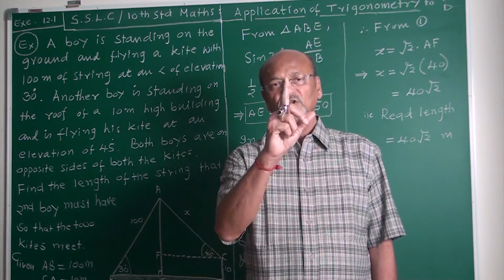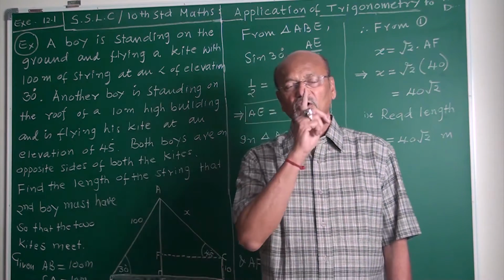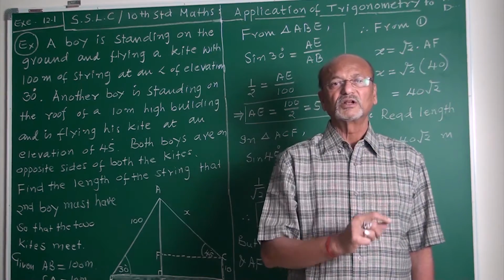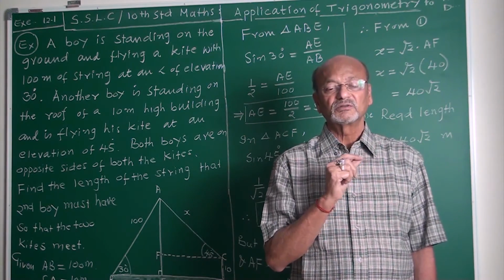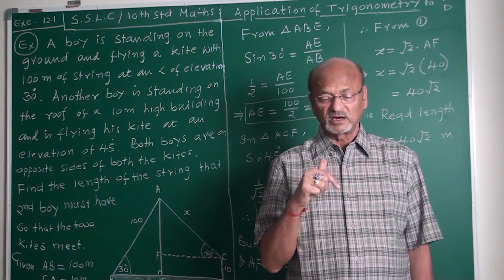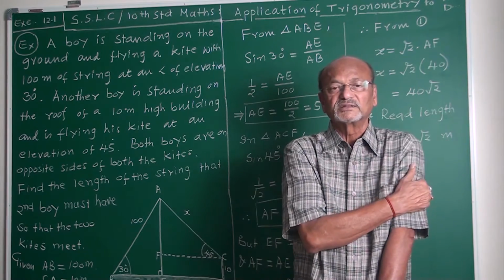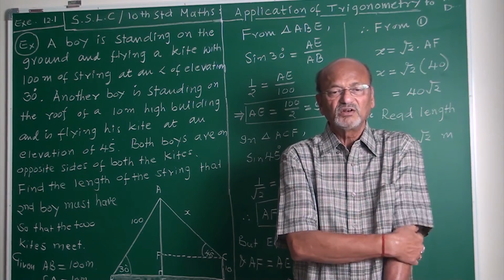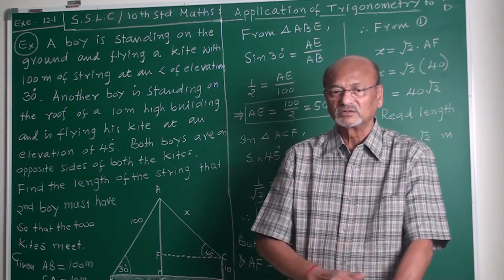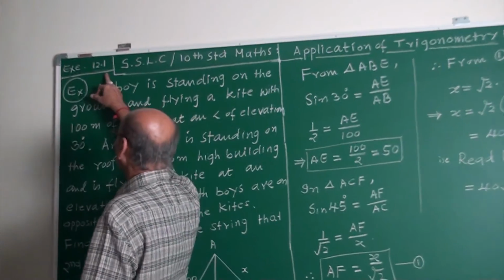Looking straight through the eye is called the horizontal line or horizontal level. If we look up, the angle formed is the angle of elevation. If you look down, the angle formed by the line of sight with the horizontal is known as the angle of depression.